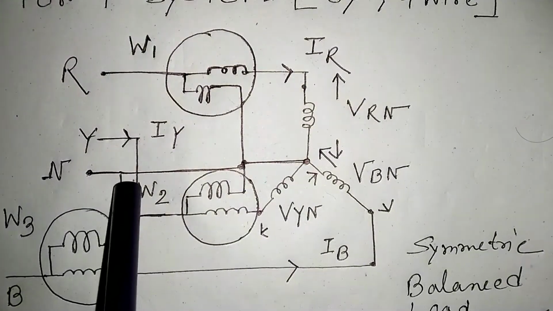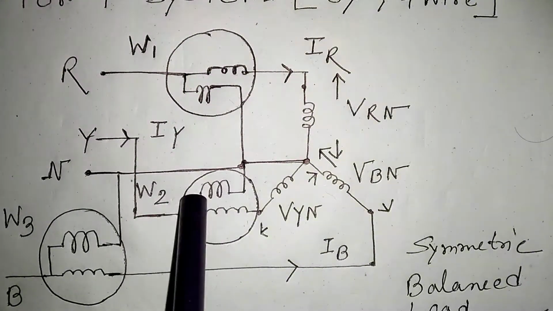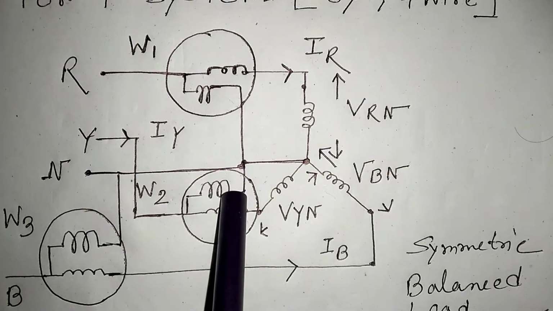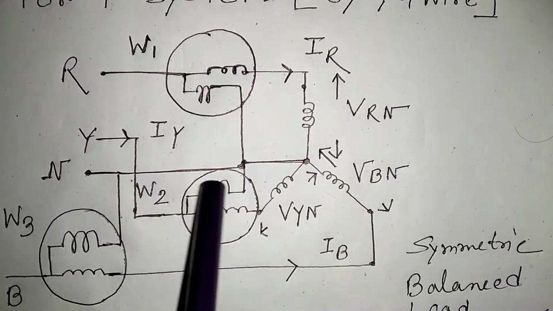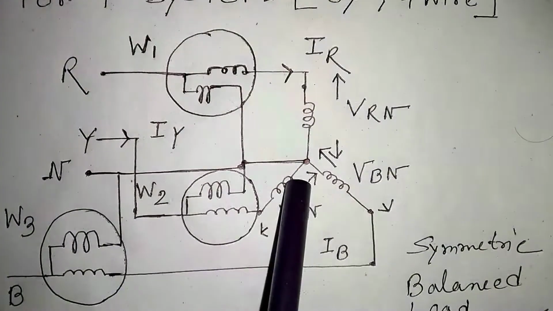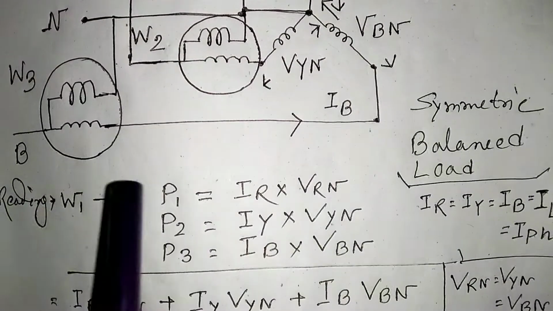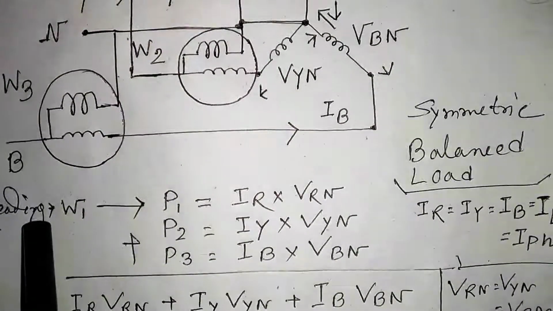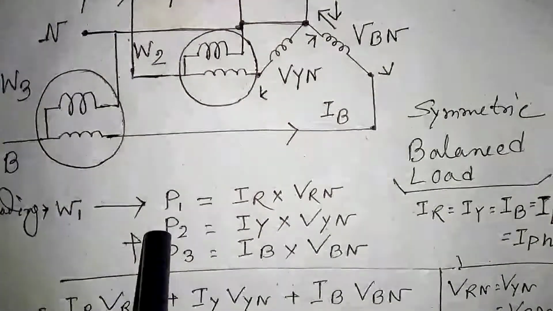Similarly, we can get the readings of wattmeter 2 and wattmeter 3 in the same manner. Hence we get the total power, that is P1, P2 and P3.